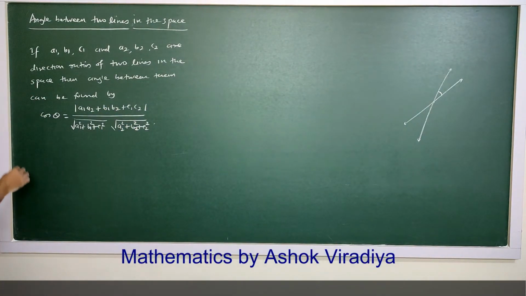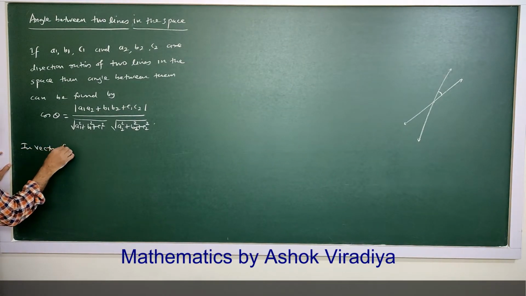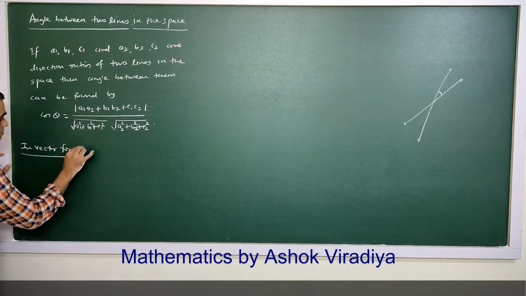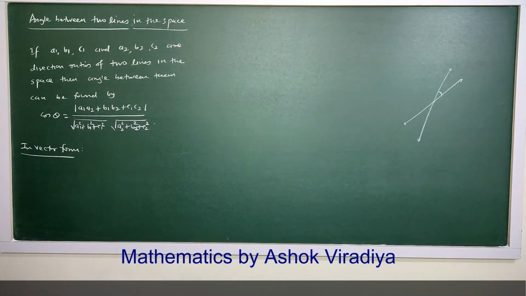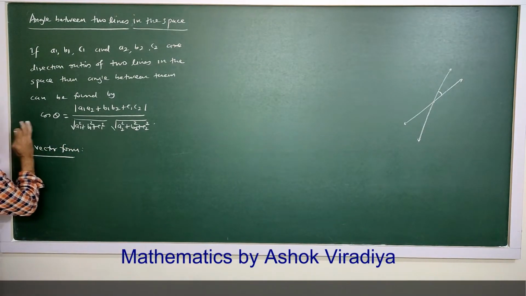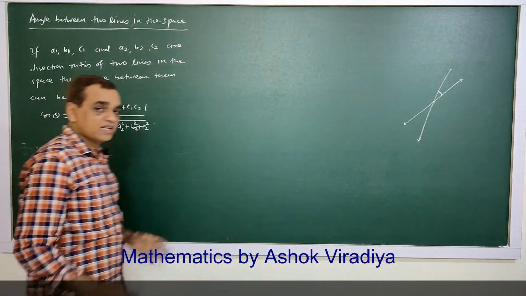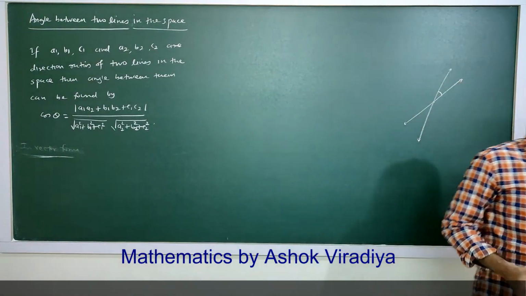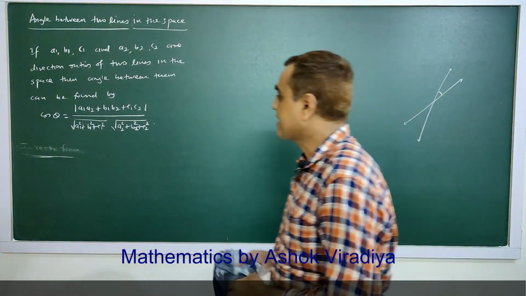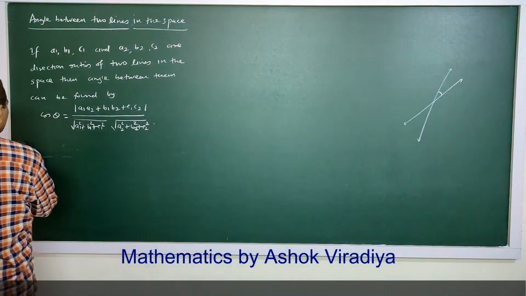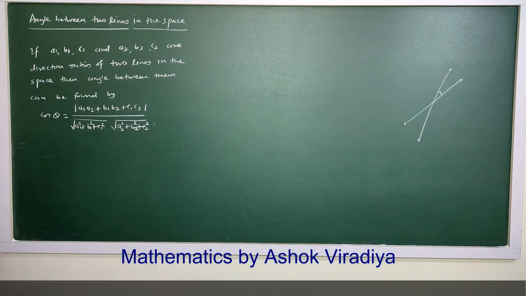Now see, the same result in a different form. That means if the equations of lines are given in vector form, how to find the angle between two lines, that we are discussing.